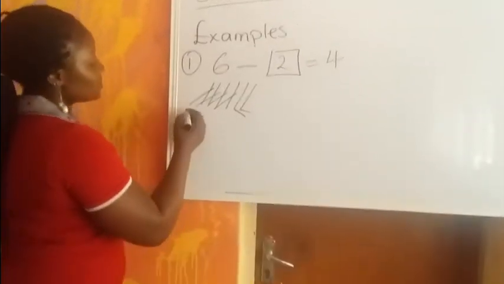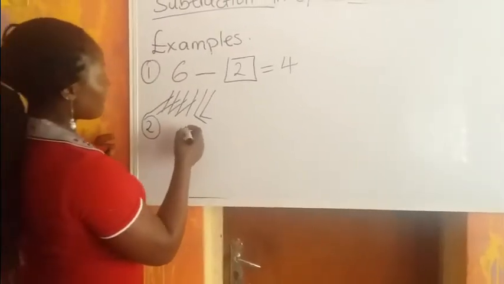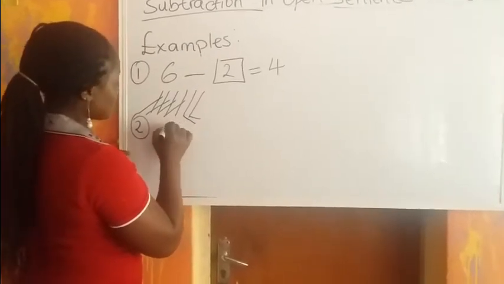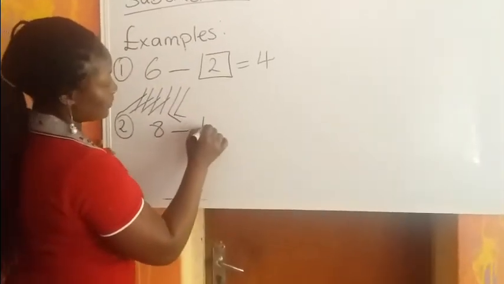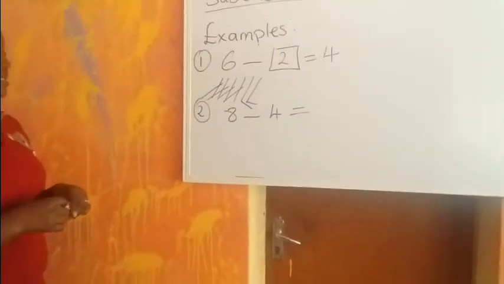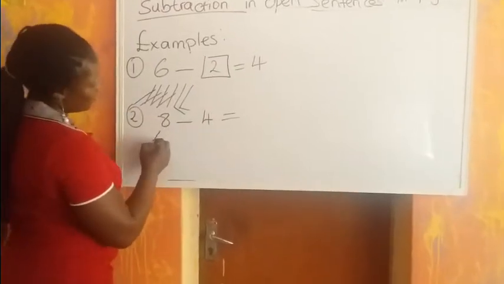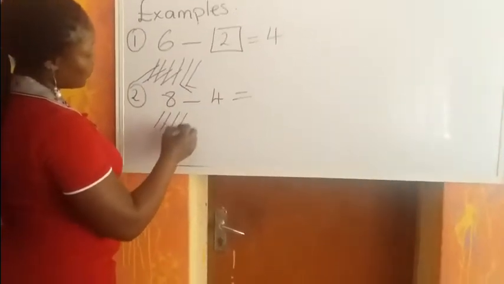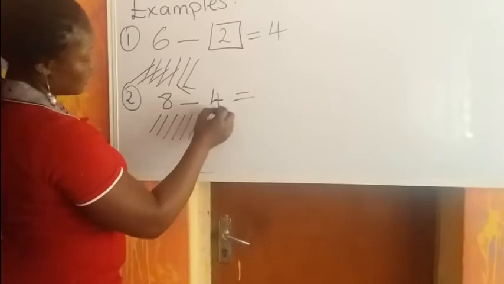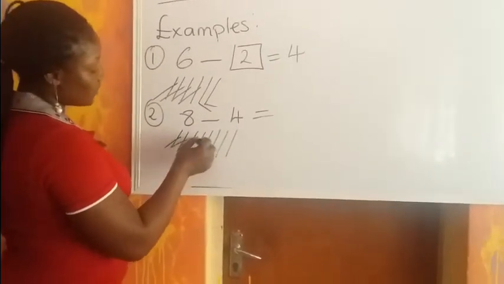And again, let's look at this other one. 8 minus 4. 8 take away 4. We count again. 1, 2, 3, 4, 5, 6, 7, 8. Take away 4. 1, 2, 3, 4.